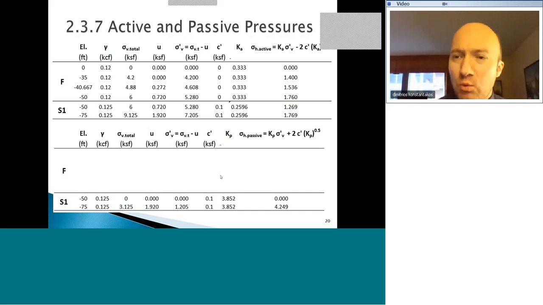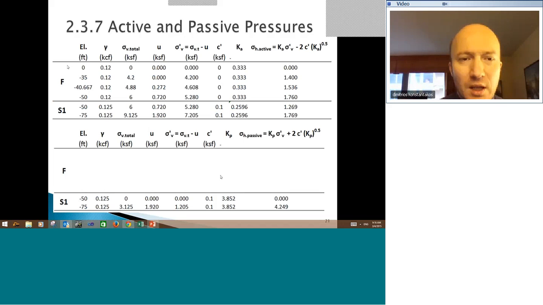So now that we have our water pressures, our next task is really to establish our active and passive pressures. Even though they might not be fully experienced, we're going to be needing them.